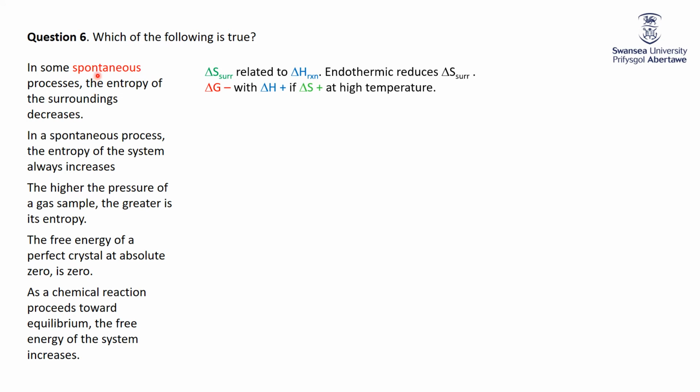That's the same thing as saying you can have spontaneous reactions even if the reaction is endothermic. Okay, next one, spontaneous process, the entropy of the system always increases. No. It is the entropy of the universe that always increases for a spontaneous process.